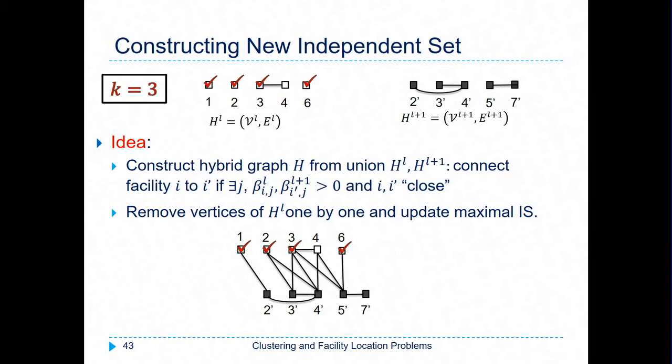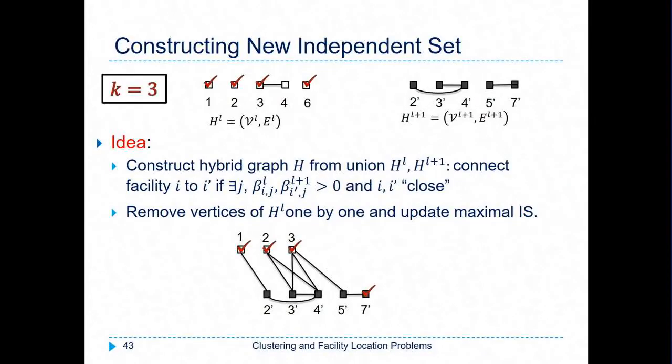So we start from the independent set of the top graph, and first we expand it to a maximal independent set. And we are going to remove the vertices of the H_L one by one until we get the current graph. So we remove the vertices one by one and update the maximal independent set.